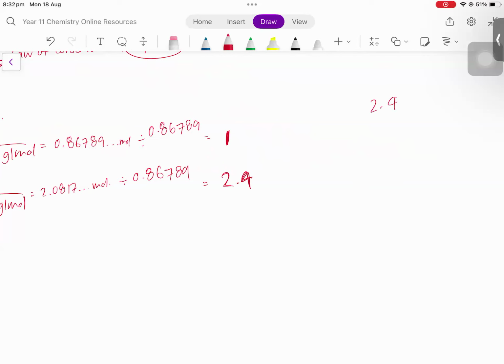2.4 times 2 will give me what? I need to figure out the next whole number. 2.4 by 2 is quick maths. 4.8. 2.4 by 3.